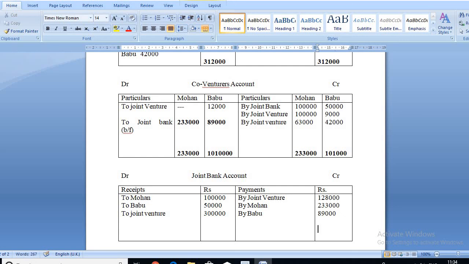Now make a total of this joint bank account. The joint bank account will balance at 4,50,000. Now this problem is over. If the joint bank account gets balanced, our answer is correct.